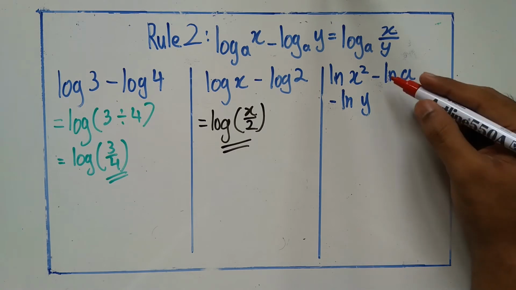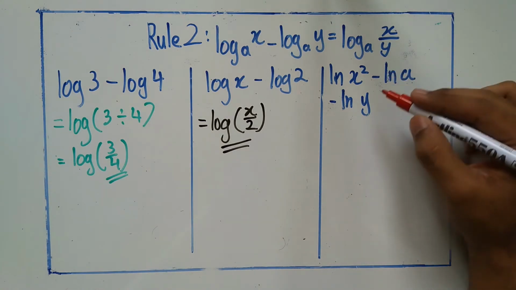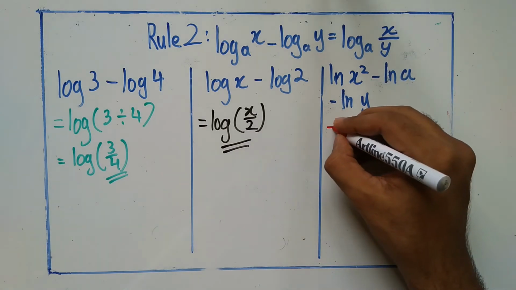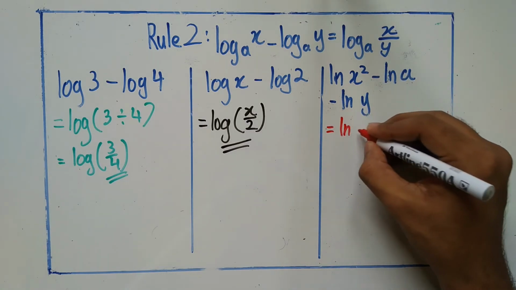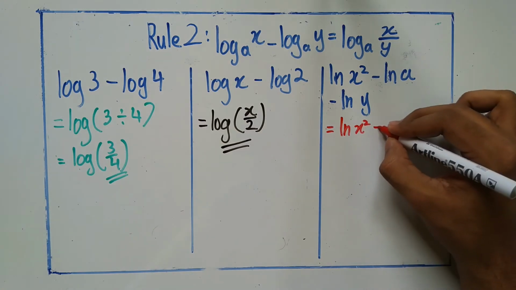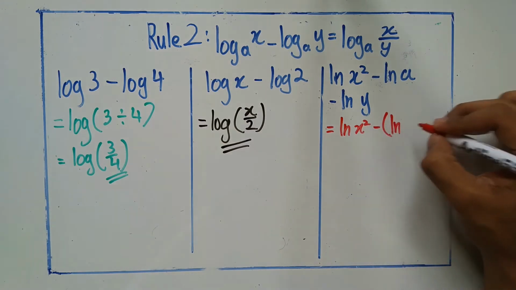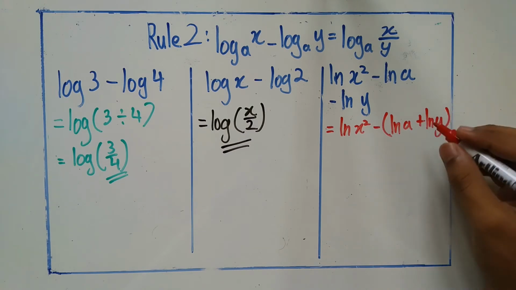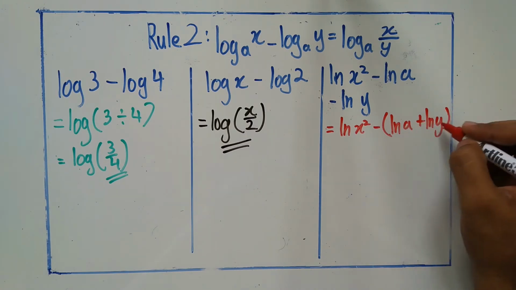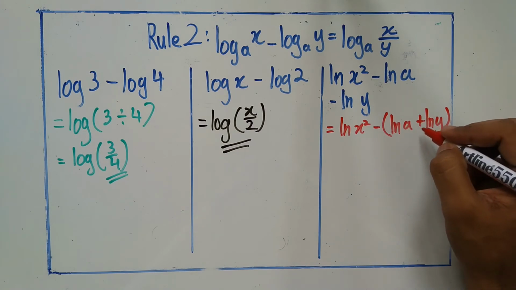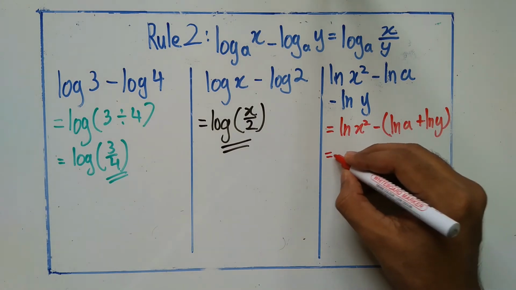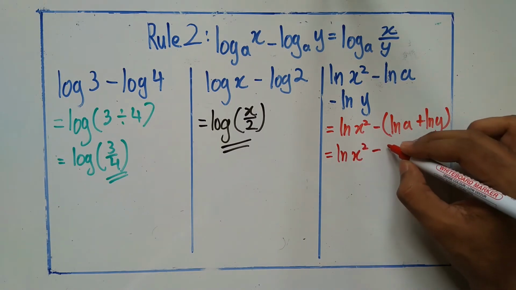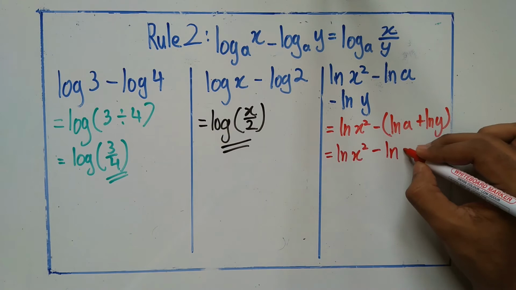Here, we can simplify ln a and ln y by factorizing the minus. We can do the following: ln x squared minus (ln a plus ln y). You can combine these two terms by using the addition rule. You will get ln x squared minus ln ay.